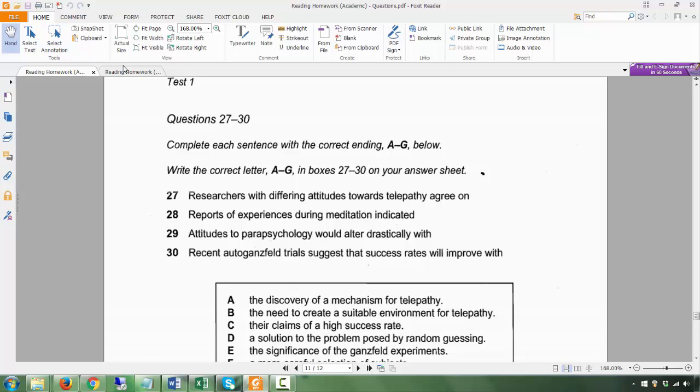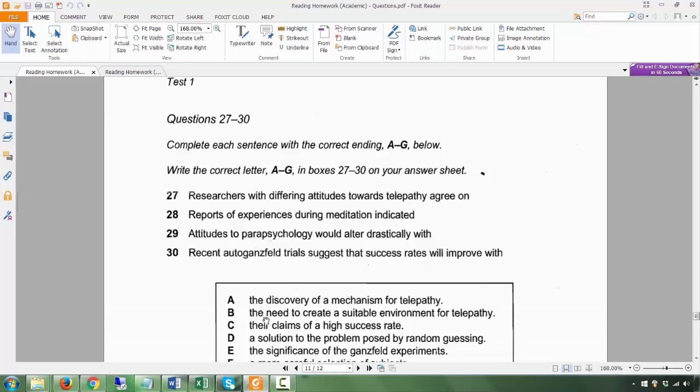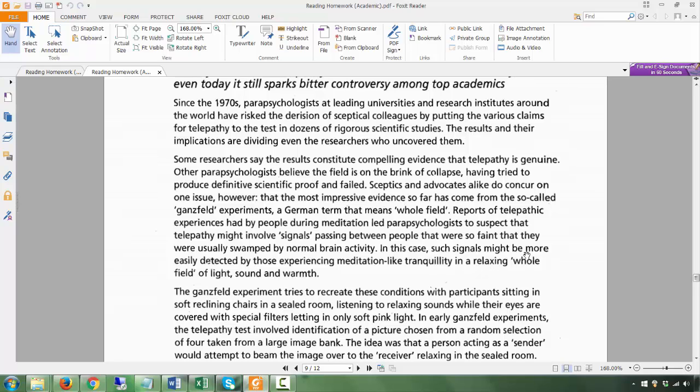So this is basically what is the result of all the experiments, that there is a need, such signals, okay, which they want to measure, might be more easily detected by those experiencing meditation-like tranquility in a relaxing whole field of light, sound, and warmth. So there's that need to create a suitable environment, and this is the suitable environment, the environment of a relaxing whole field of light, sound, and warmth.